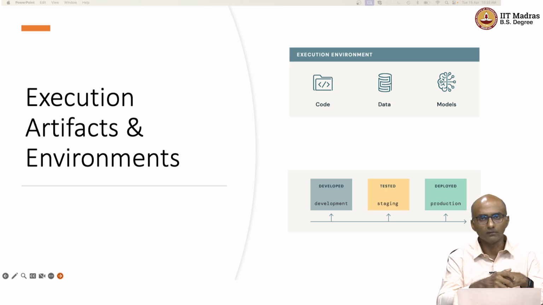Configurations also play a role in the environment. Now, within the environment, obviously, you're going to have artifacts pertaining to the code, which specifies what the pipelines are, the data processing steps are, the data, because that influences the model outcomes, and the model itself. All three are artifacts sitting within the environment.